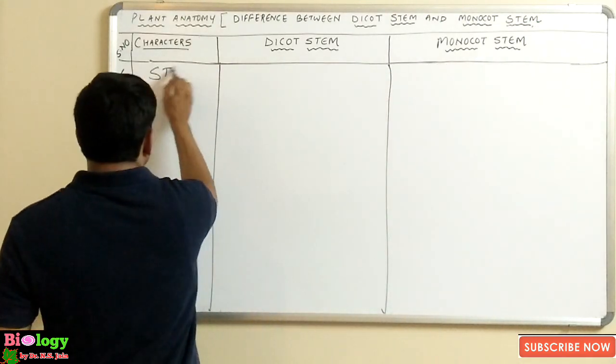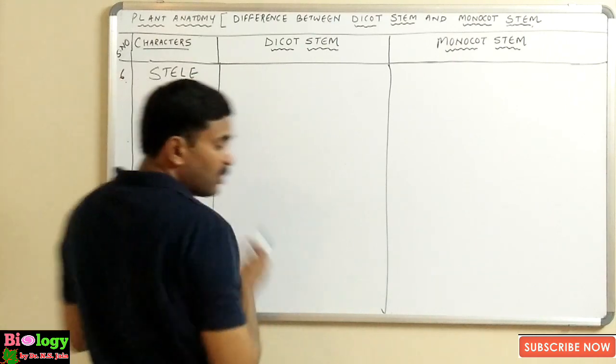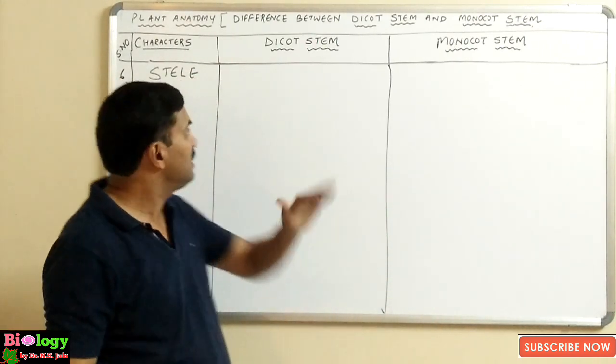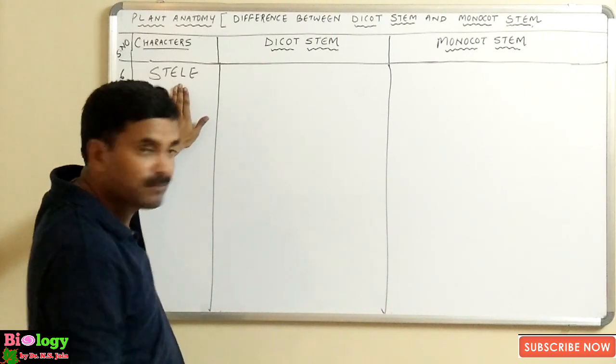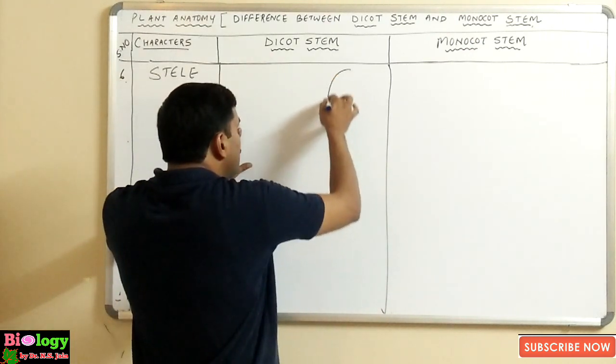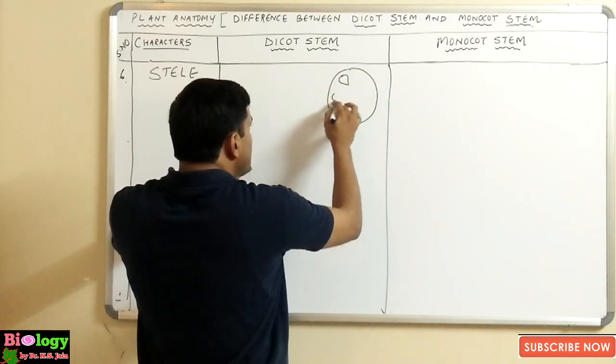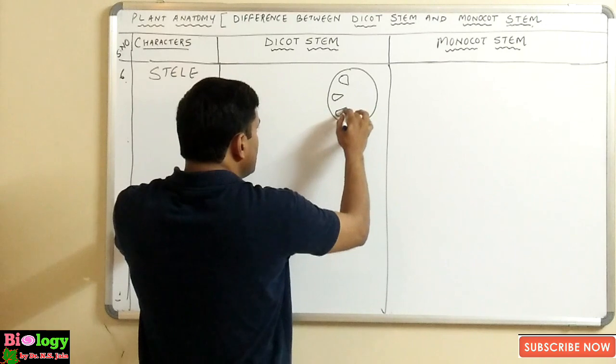Okay, stele. Now all the portion which is present inside the pericycle will be called as what? The stele. I am making the stele here which is found in the dicot stems.